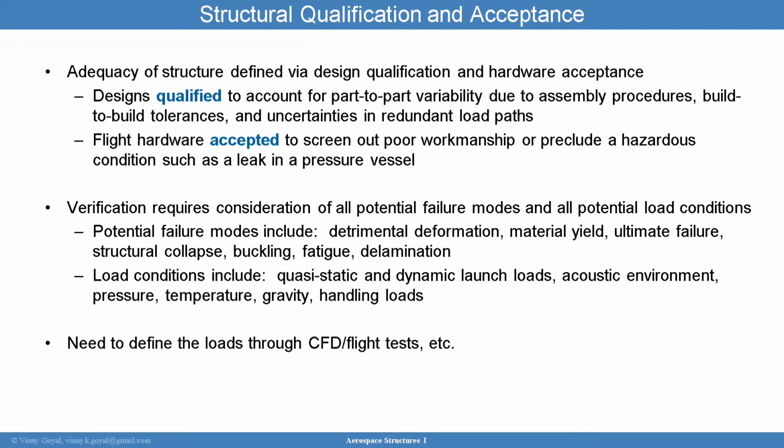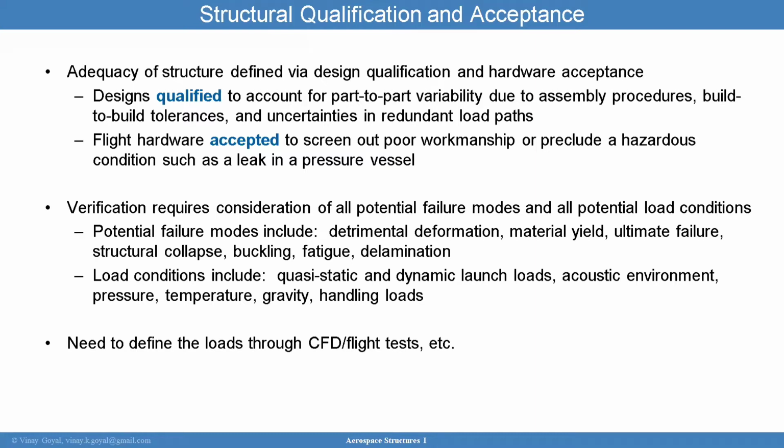And the adequacy of the structure is defined via this design qualification and hardware acceptance. The design is qualified to account for the part-to-part variability due to assembly procedures, build-to-build variances, and uncertainty in load paths. So we know that every part, when you fabricate it, is going to have a variability.